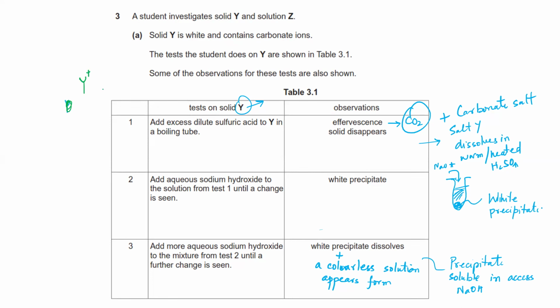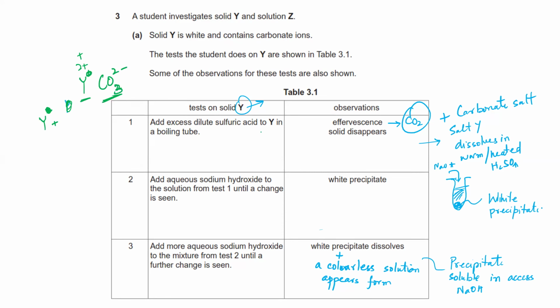Y has one cation and CO3 2 negative. The cation can be 1 positive, 2 positive, or 3 positive. It can be any salt.